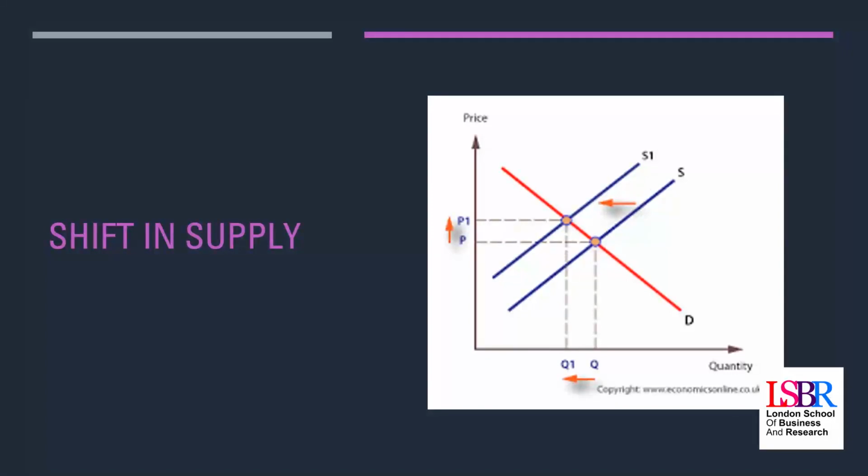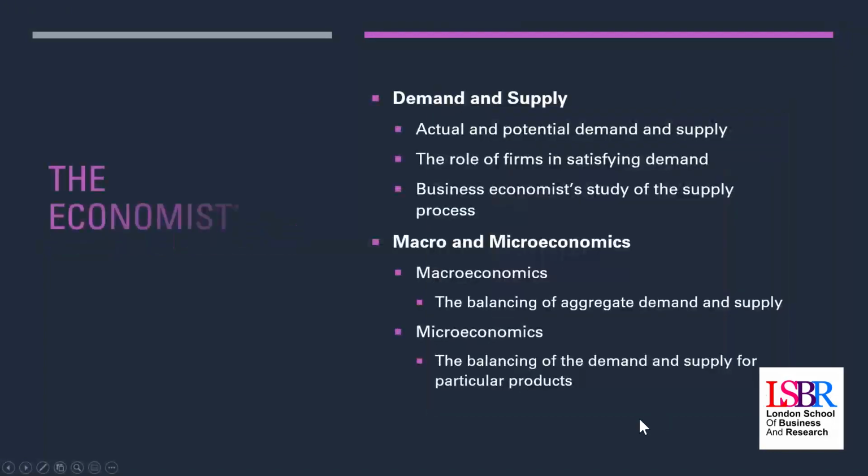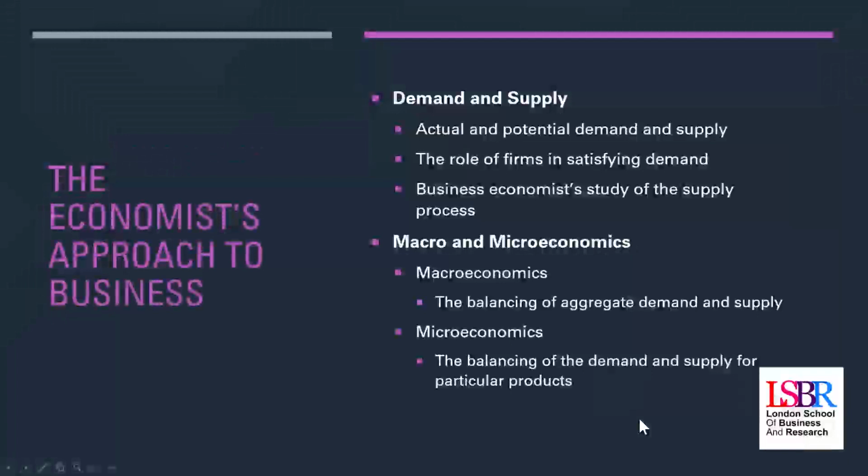Okay, so the demand curve and supply curve can be brought together, and that's really what I want to look at next week. So hopefully you can start to picture why this is important. We're going to look at why demand and supply come together and how that influences the business economist's study of the supply process. We looked at microeconomics today, which is all about understanding the intricate decisions. Why do we consider demand?